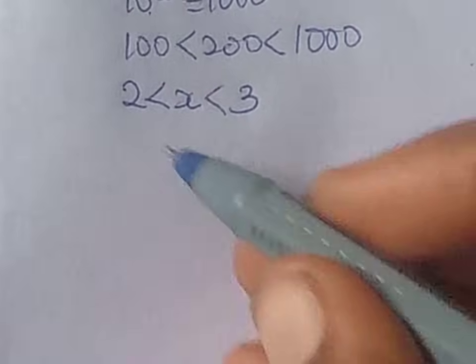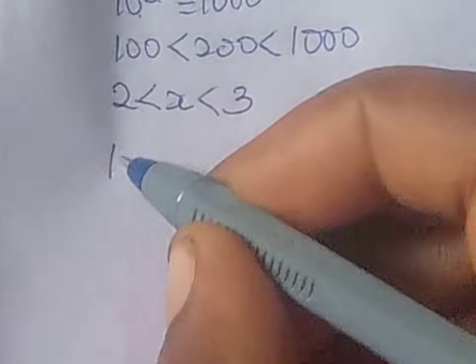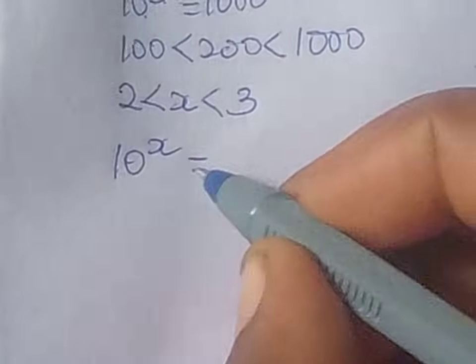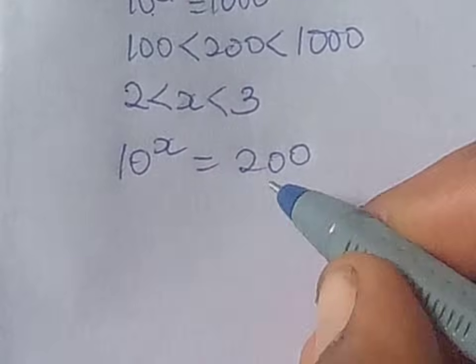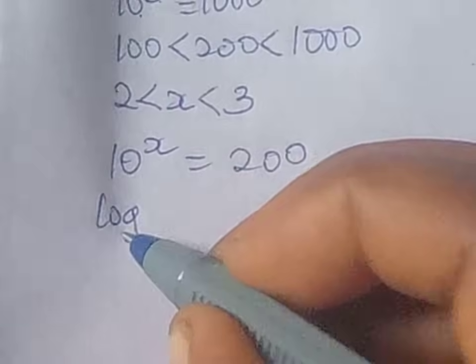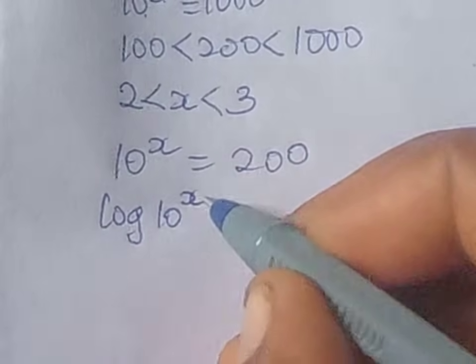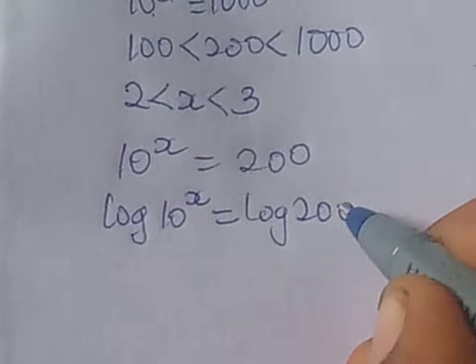Now let's take the logarithm of both sides. So our equation 10^x equals 200. Now let's take the logarithm of both sides, which will give us log 10^x equals log 200.